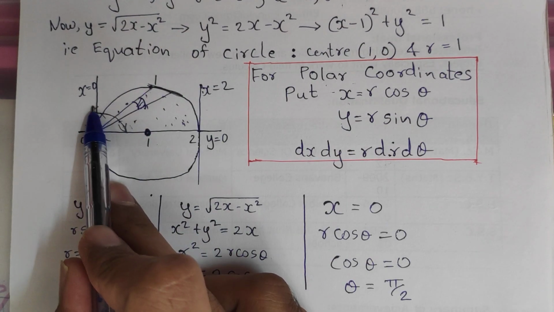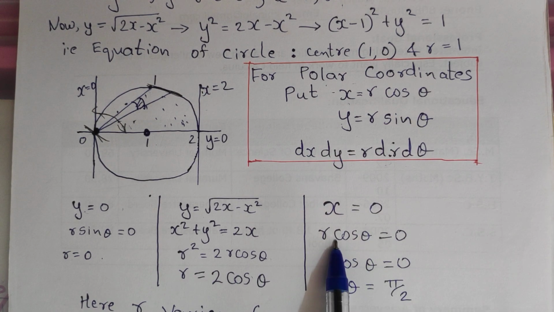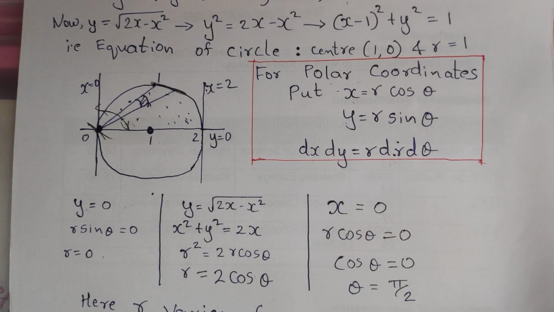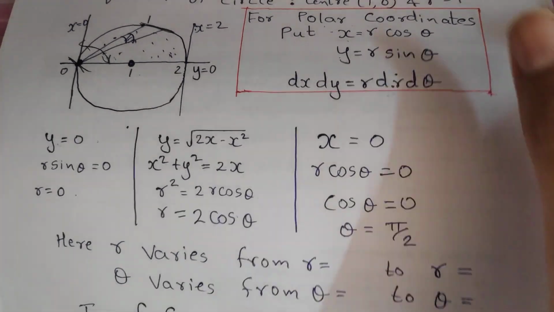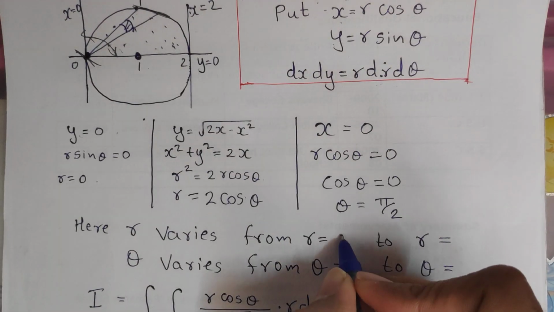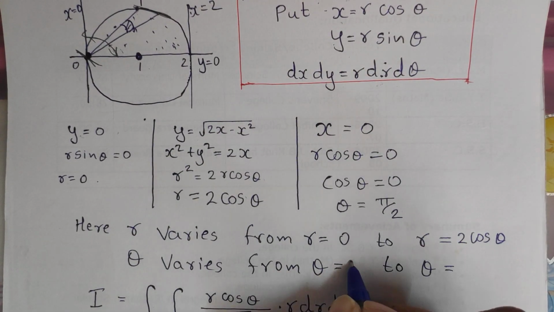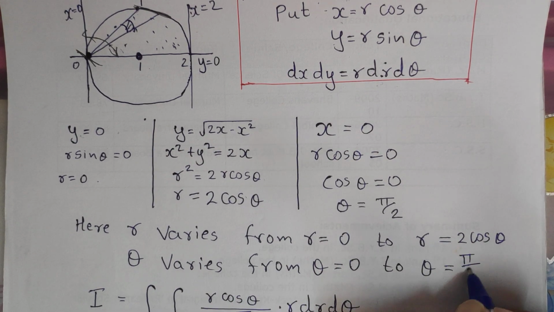Theta varies from 0 to pi by 2. We can also verify from x equals 0. Putting x as r cos theta, we get theta as pi by 2. So r varies from 0 to 2 cos theta and theta varies from 0 to pi by 2.